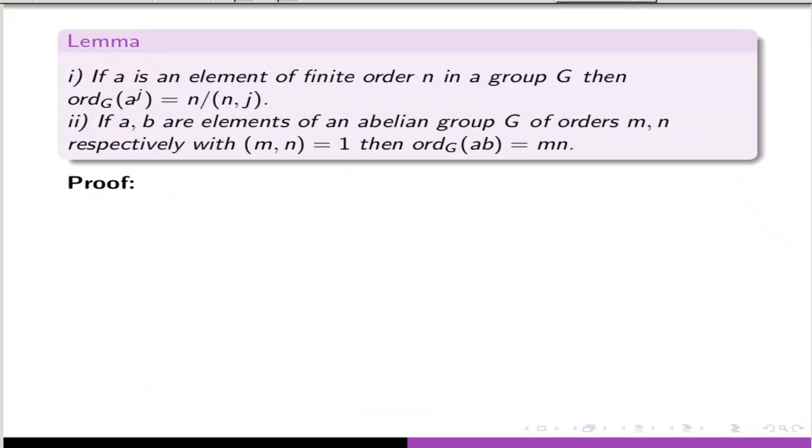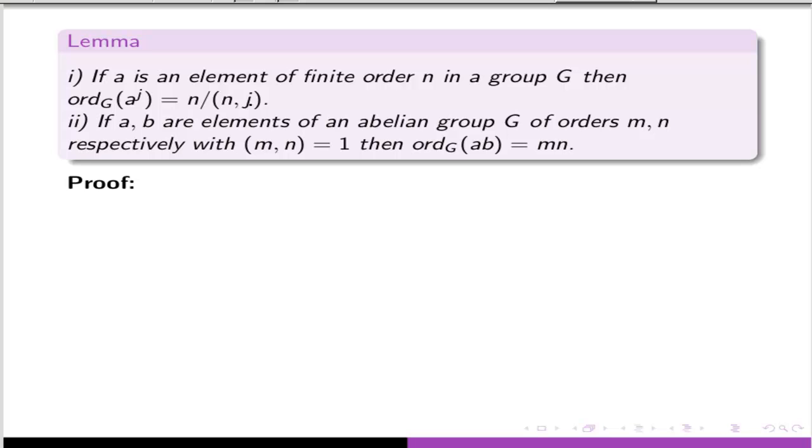Next lemma is a result in group theory. If A is an element of finite order in a group G, then we have a nifty little formula for the order of A to any power. So it says to get the order of A to the J, you take the order of the element A and you divide by the greatest common factor of n and j.